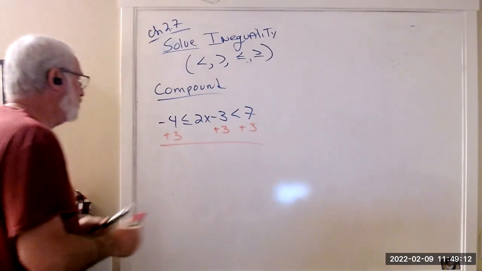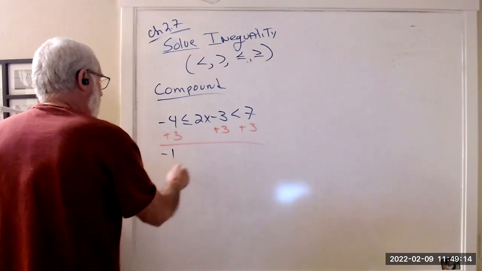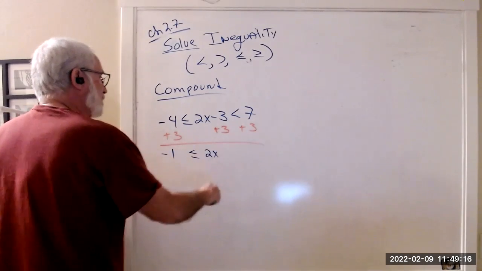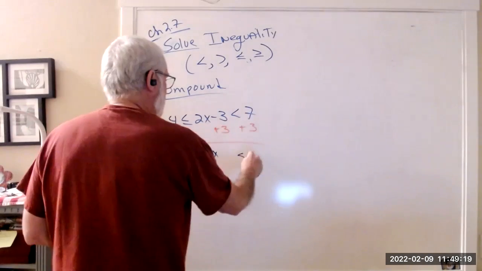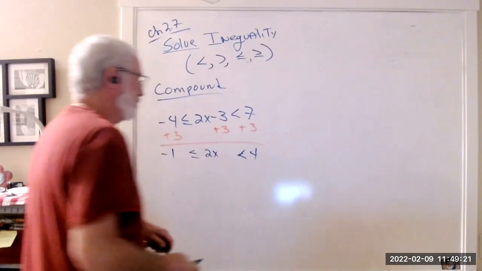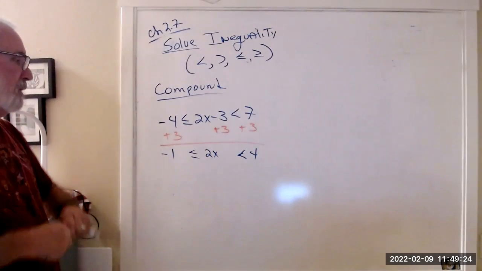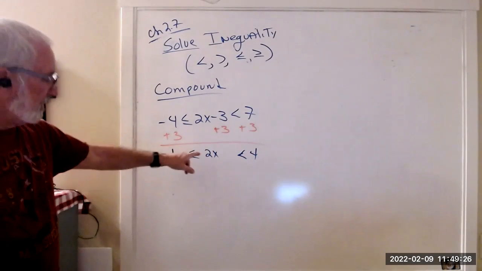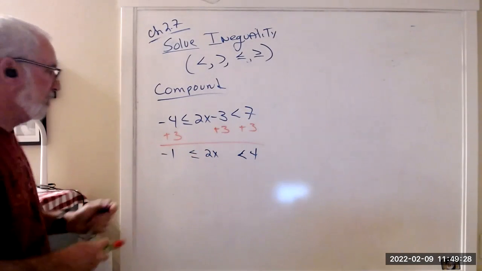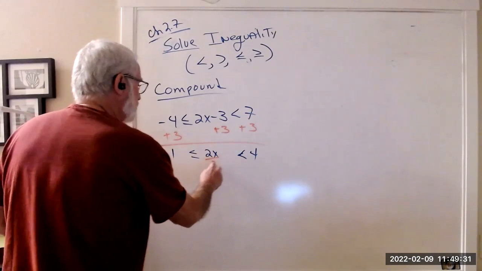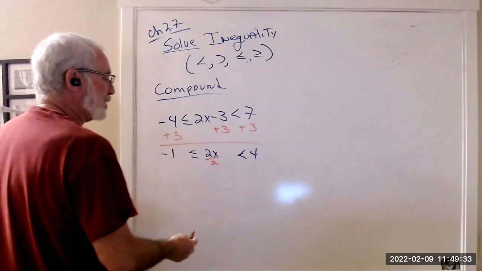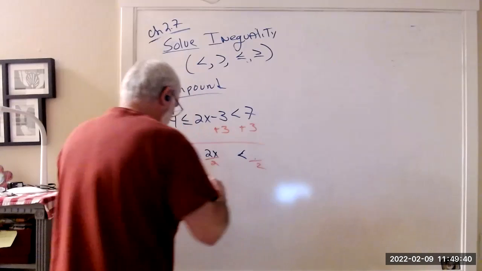If we do this, we get -1, so that's equal to 2x, which is less than, in this case, 4. Now, we want to get x alone, but that's 2 times x. So here we go again. I have to divide this by 2, but I have to keep the whole thing balanced. Why is it 4 when you add the 3 to the 7? Because I'm an idiot. Thank you.